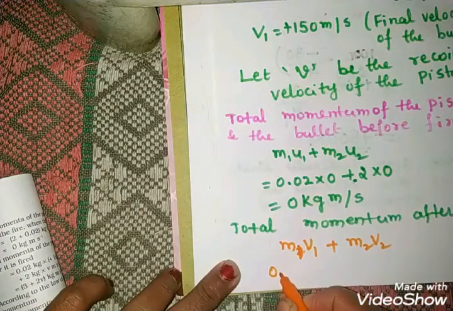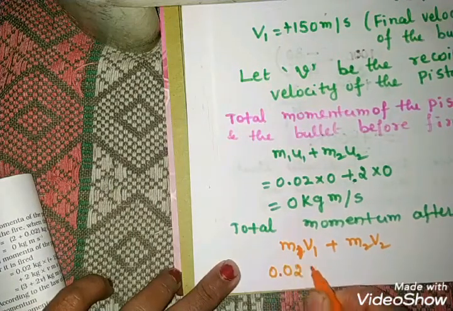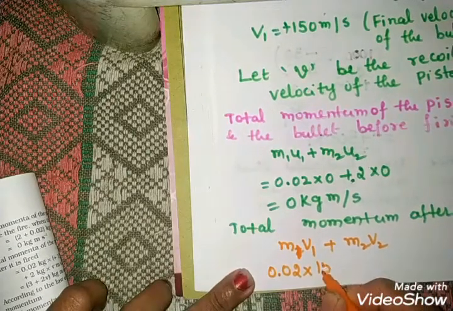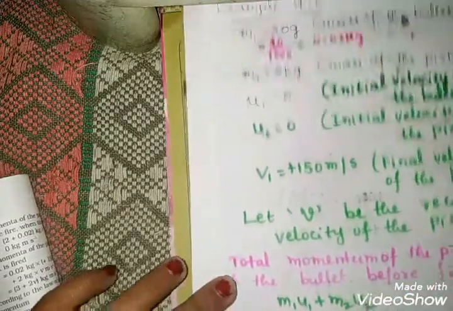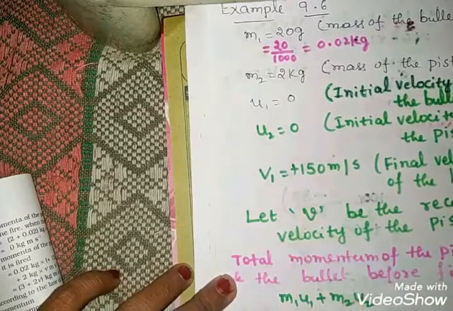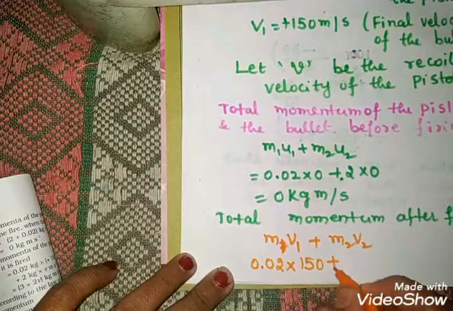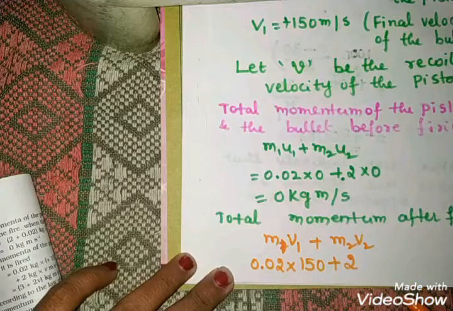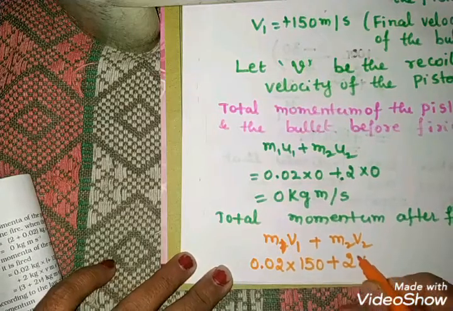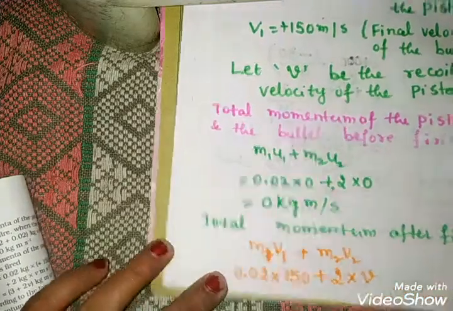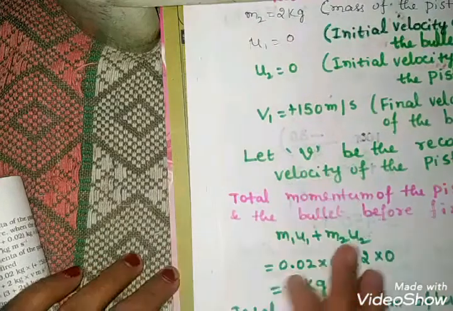M1 is 0.02 into V1, which is 150. We are substituting the values here. V1 is 150 meter per second plus M2 is 2 kg, that of the pistol, into V2, which is substituted by V because the recoil velocity is taken as V.